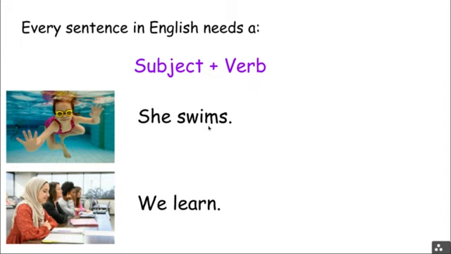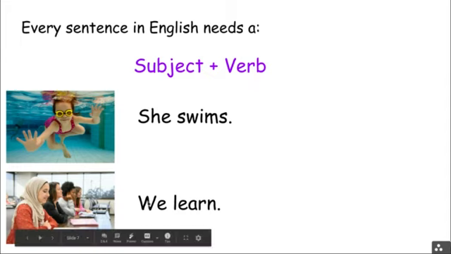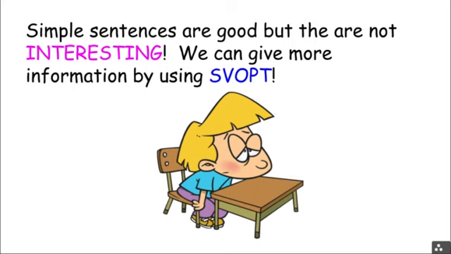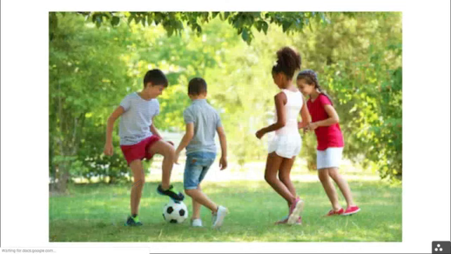She swims. We learn. Simple sentences are good, but they are not interesting. So we can give more information by using SVOPT, subject, verb, object, place, time.